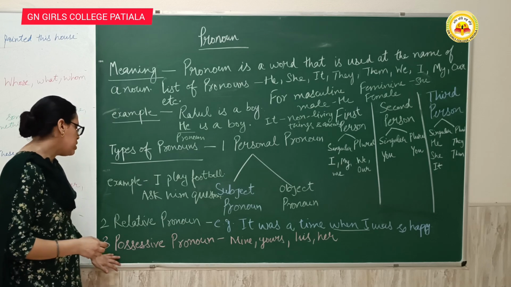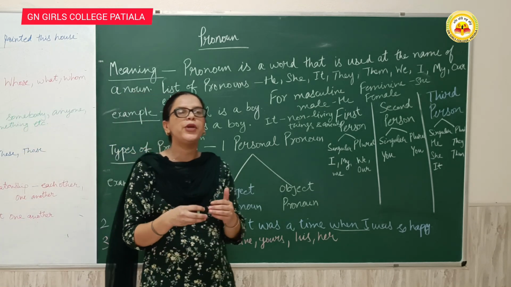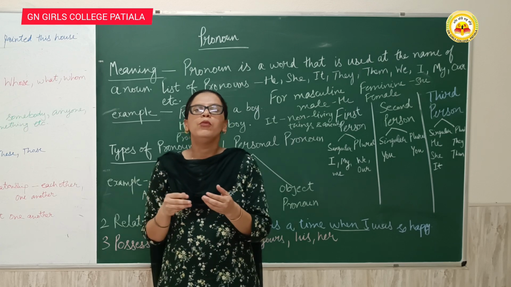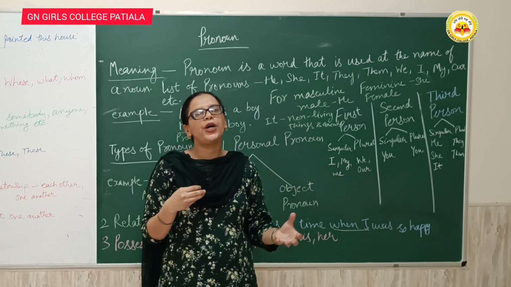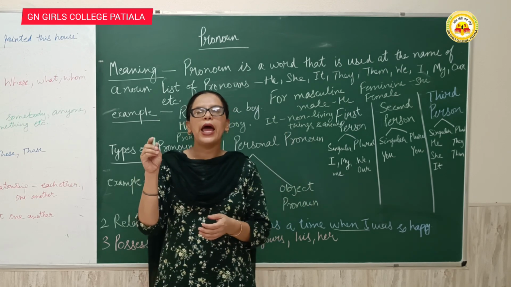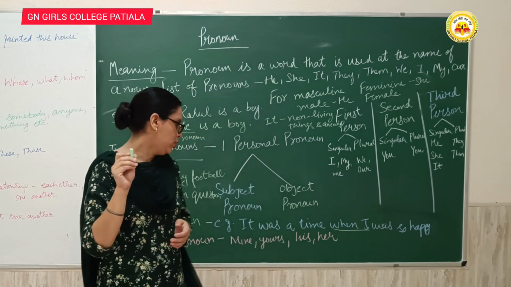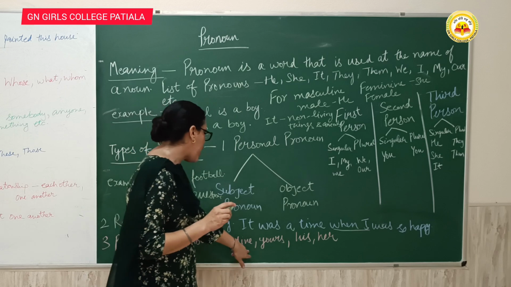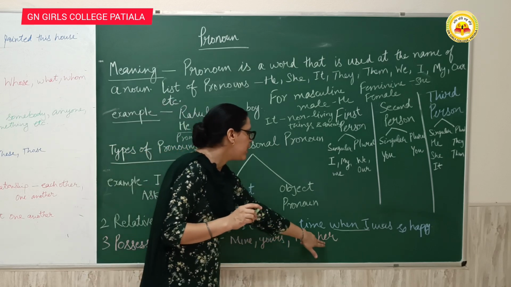And the third one is the possessive pronoun. Possessive means we have possession over the thing which belongs to me or someone else. Like I have a chalk. Examples of possessive pronouns: mine, yours, his, her.